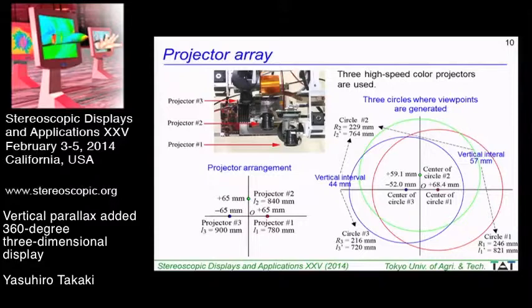The heights of the projectors were 780, 840, and 900 millimeters. The heights of the circles where the viewpoints are generated were 821, 764, and 720 millimeters. The differences in the heights of the circles were 57 and 44 millimeters.